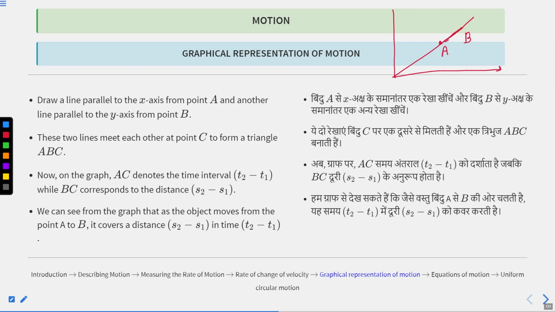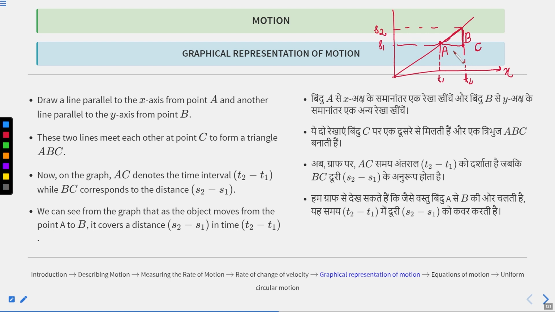We draw a line parallel to the x-axis, or the time axis, and a perpendicular line parallel to the y-axis, and the intersection point is called C. So we can clearly see that a triangle is forming. This point was T1, this point was T2, this point was S1, and this point was S2.